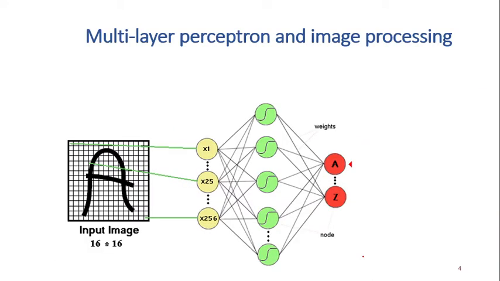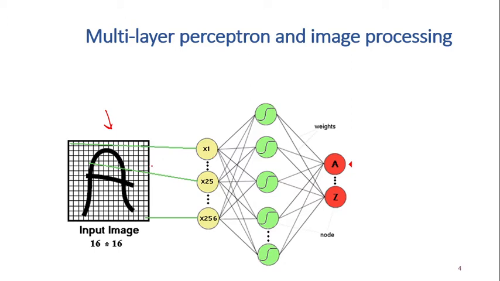So let's start with a simple problem. Suppose I want to recognize this handwritten character A. This image is a 16 cross 16 input image. Now in order to feed this image, we require 16 cross 16 nodes so that each pixel goes to one node, if it is a black and white image.